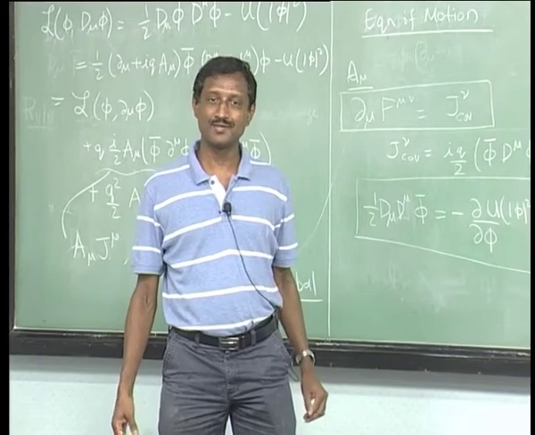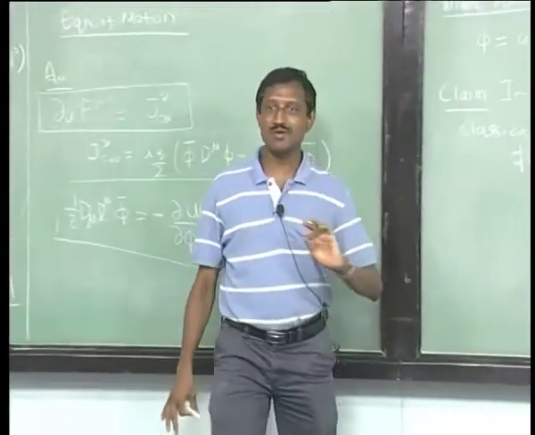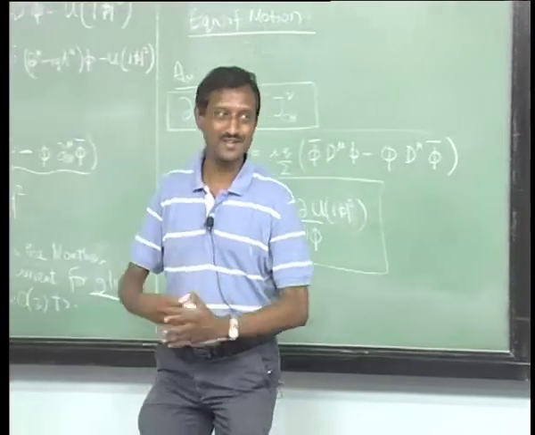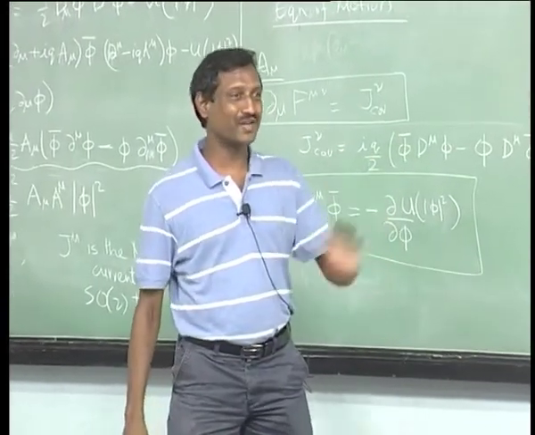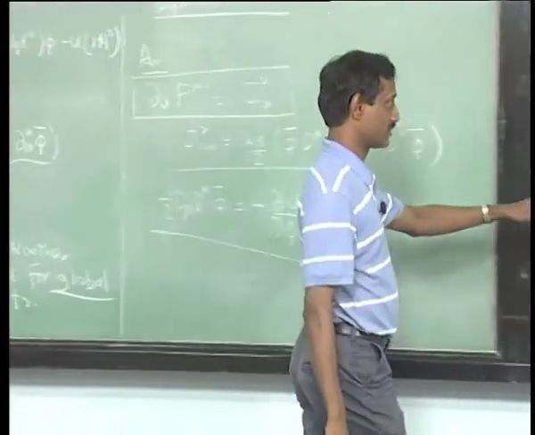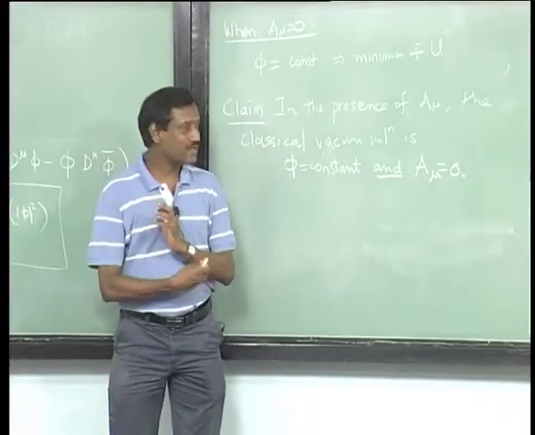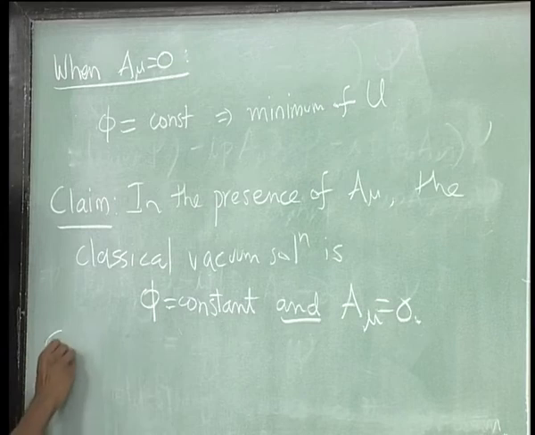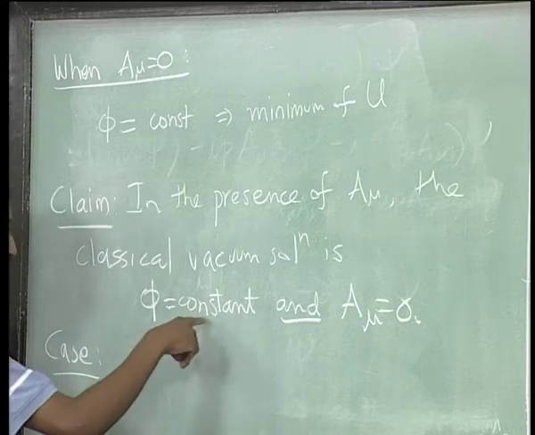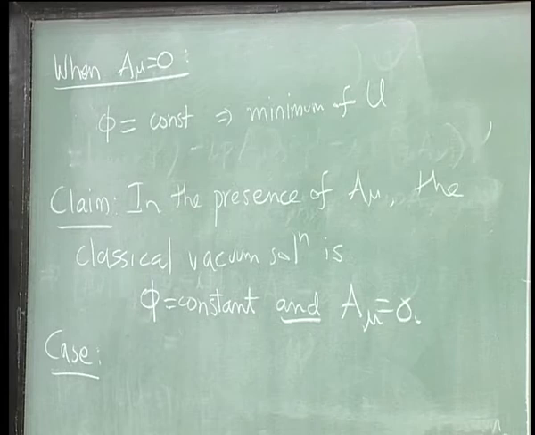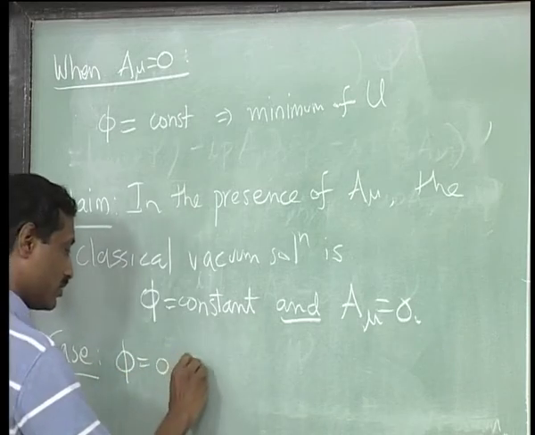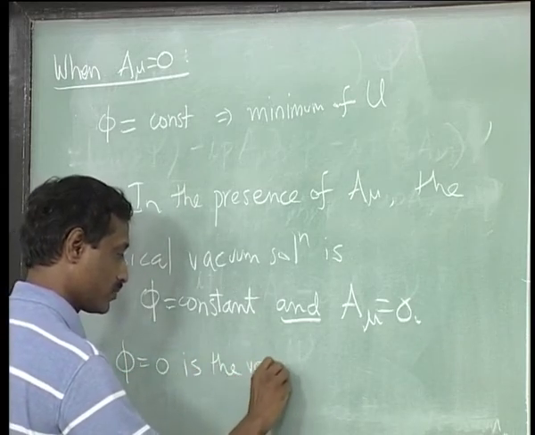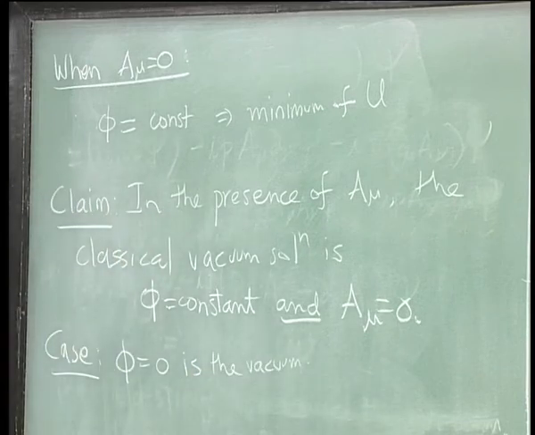Is this clear? Okay. So, whatever the hard work we did earlier, again minimal prescription or whatever is nice, it tells you that the classical vacuum that you had was the same, but actually there is something different now from the earlier thing. Let us now look at the case when the constant is 0, when phi is equal to 0 is a vacuum. This is the case when you do not have spontaneous breaking of SO2.